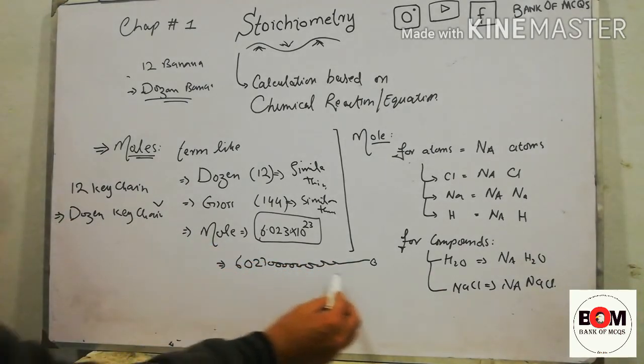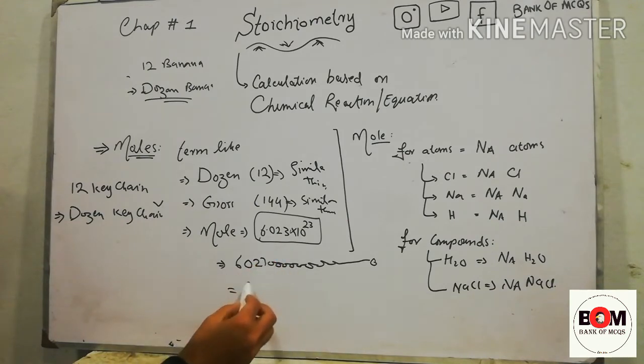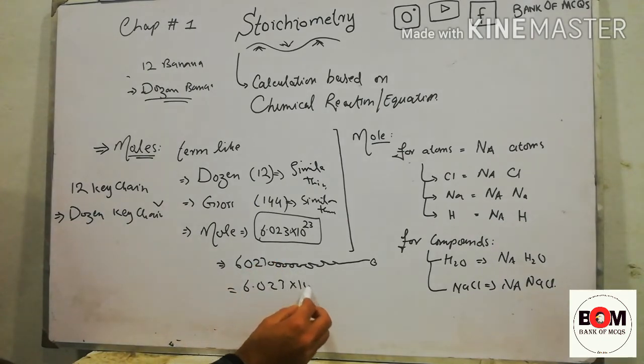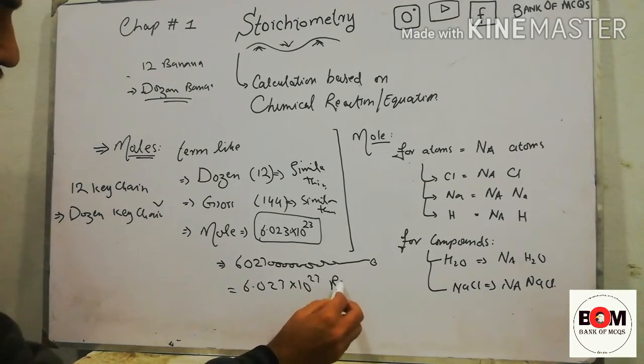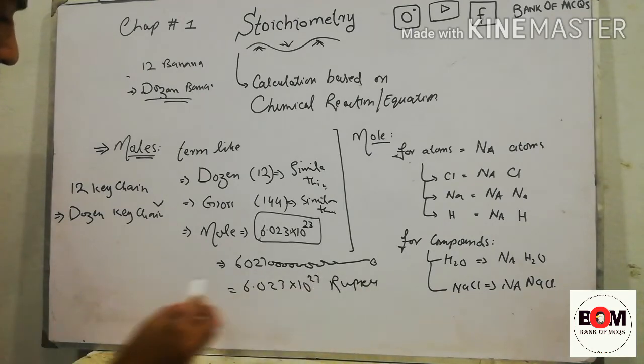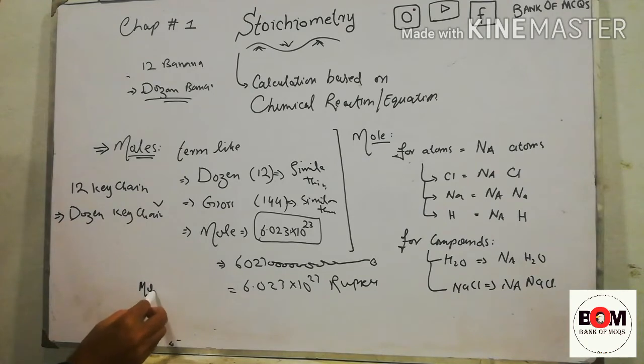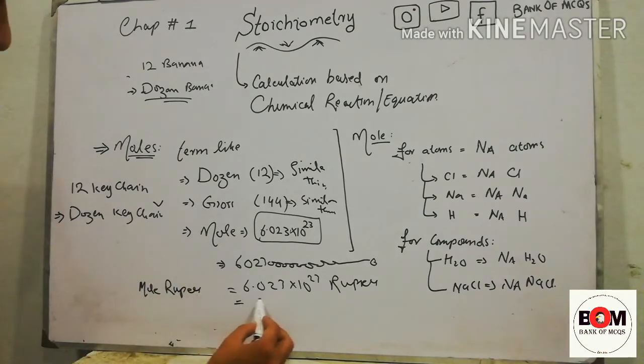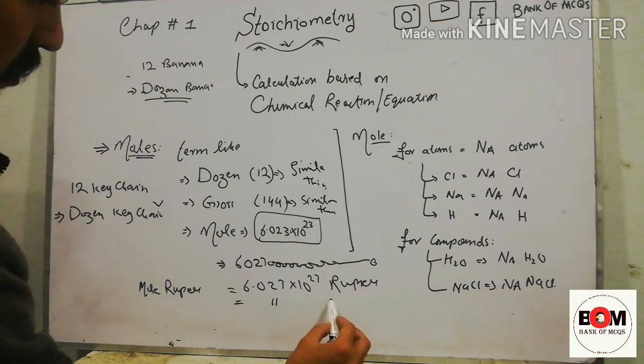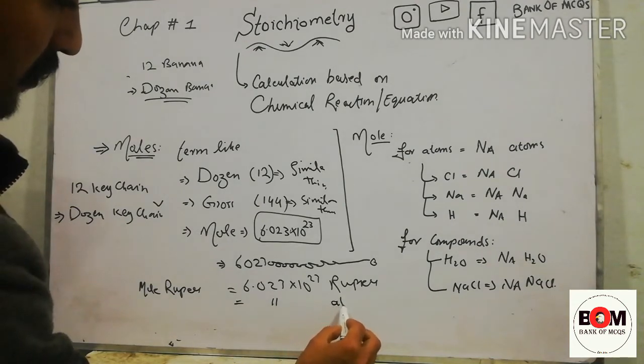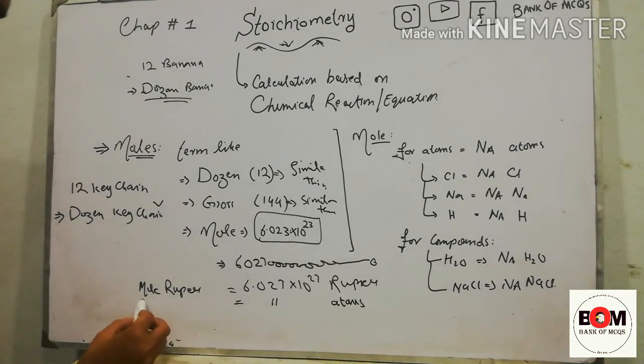If someone has 6.023 multiplied by 10 raised to power 23 rupees, they can say that I have 1 mole of rupees. Or if there are 6.023 multiplied by 10 raised to power 23 atoms, we call it 1 mole of atoms.